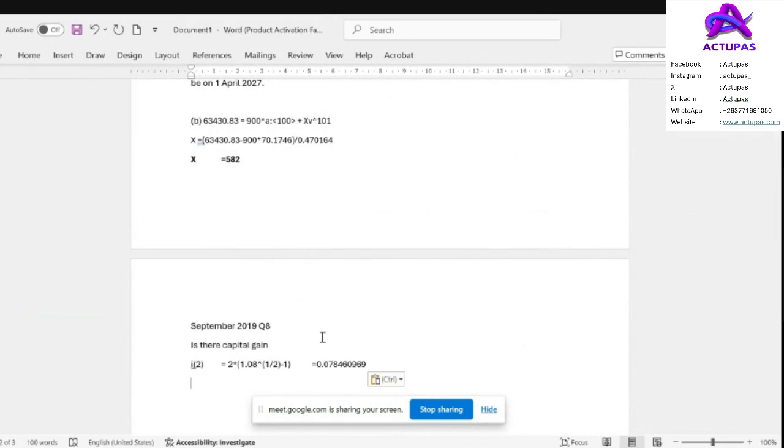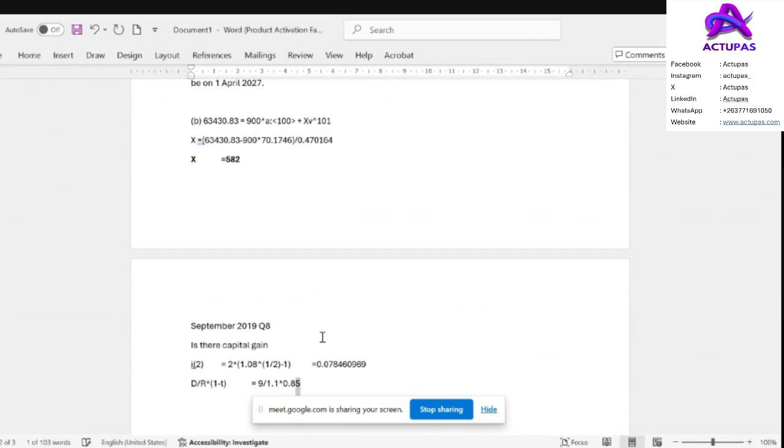Now we need to find D over R times 1 minus income tax. So this is your D, it would be 9 divided by 1.1, times 1 minus T, 1 minus 15%, 0.85.